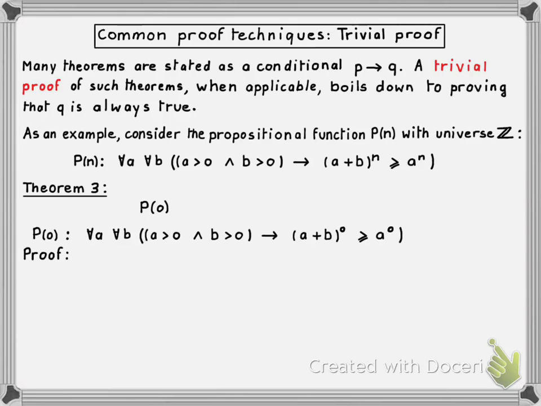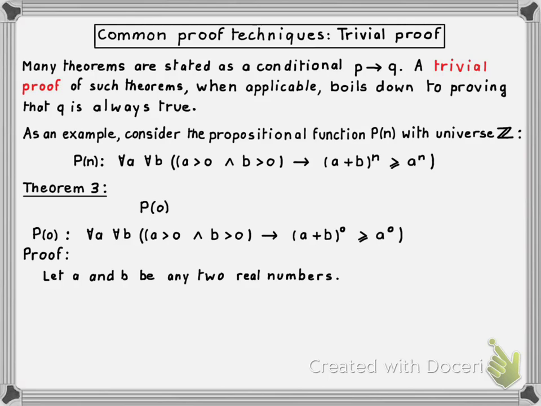So the first step is to remember the domain for the variables A and B. And we said the domain was the set of real numbers. Since we are trying to prove a universal statement, we're going to pick two arbitrary values for A and B. So let's say let A and B be any two real numbers.